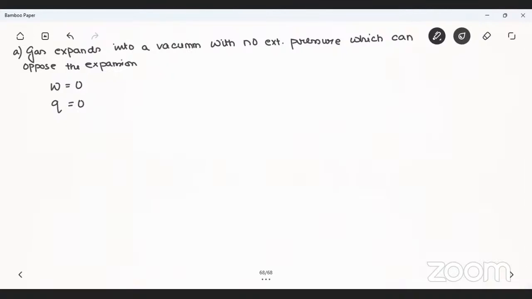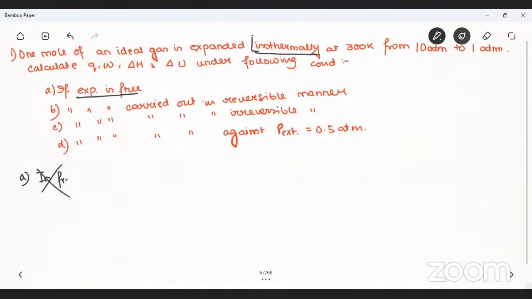Because the question says that it is an isothermal expansion, but it has not been mentioned that this is an adiabatic process. So why are you writing Q equal to 0? This question may have come to your mind. Remember, if a gas is expanding freely and this gas is an ideal gas, then this process is not only isothermal, but this process is adiabatic also.